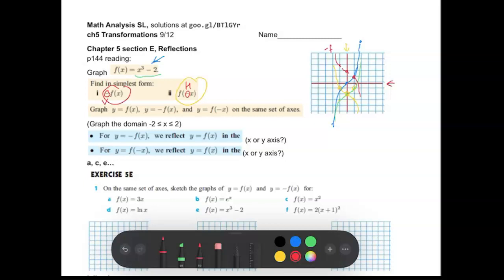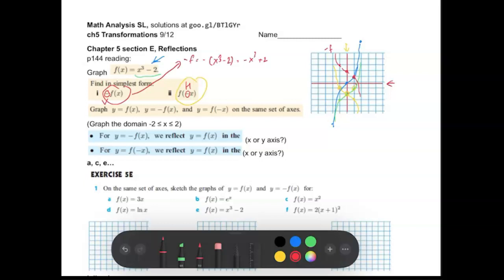It also says to find these expressions in simplest form. So let me do that. For this one here, basically the negative goes on the outside of the f, which would be negative x cubed minus 2, right? If I wanted to find it in simplest form, maybe I would distribute the negative sign. So that would be my simplified expression.